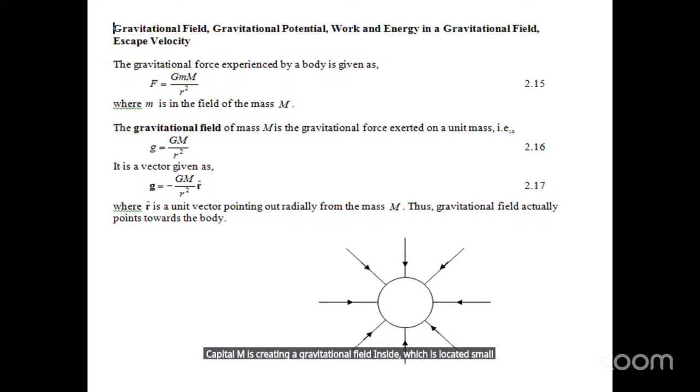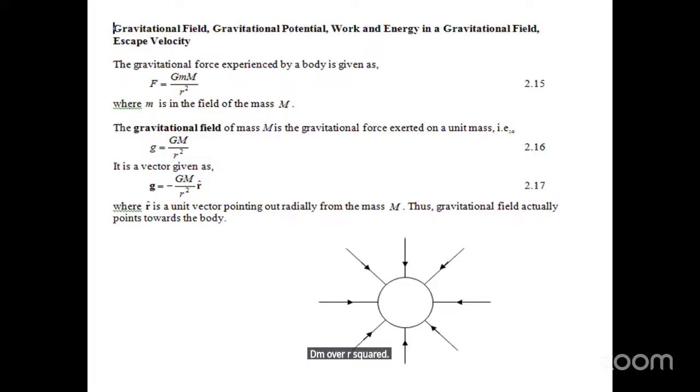The gravitational field of mass M is the gravitational force experienced by a unit mass. That is, g will be equal to GMm over r squared, all divided by small m. You know, small m will disappear from the expression. So you get g equals GM over r squared.